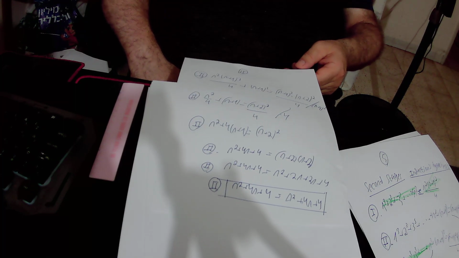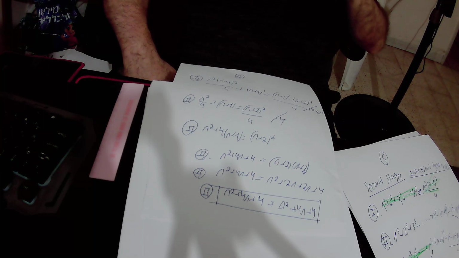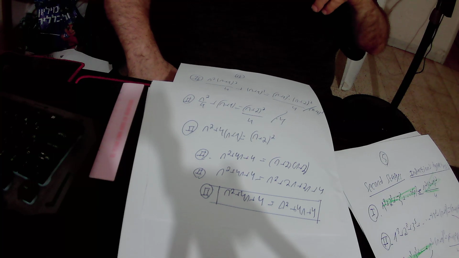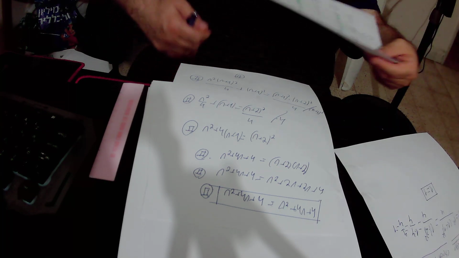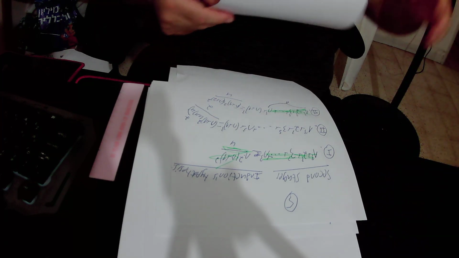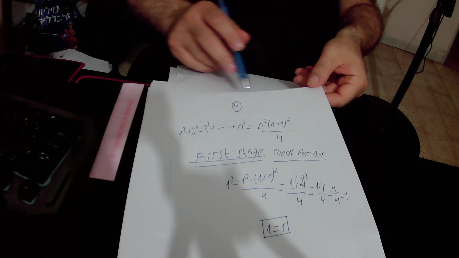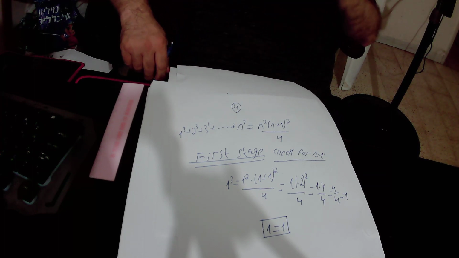So we actually proved that the second expression for n plus 1 is true, or we proved that if this statement is true for n, then it also must be true for n plus 1.